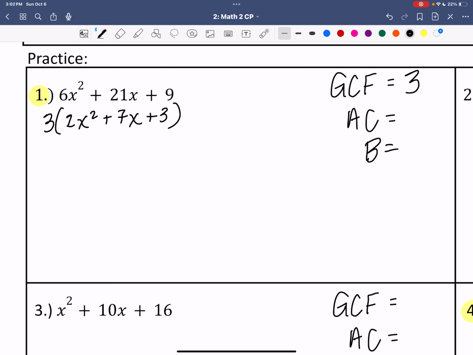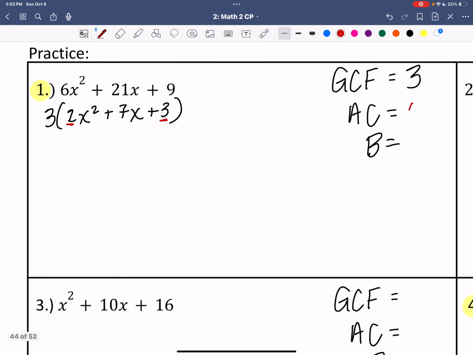All right, so now let's do this part where if it multiplies, we're going to get AC, A times C. So A would be 2, I'll just make this A here, times C is 6, and then B is 7. So now we've got to figure out what multiplies to give you 6, but if you add it together, gives 7.